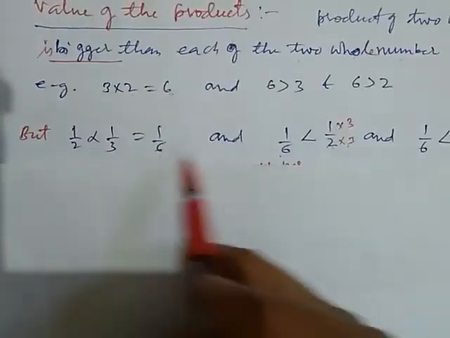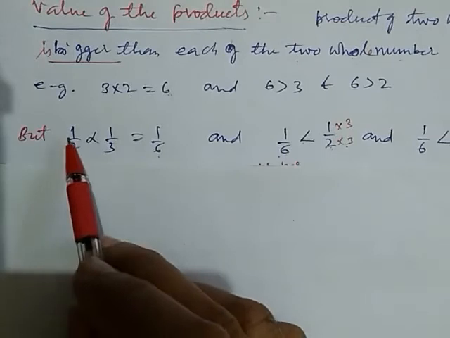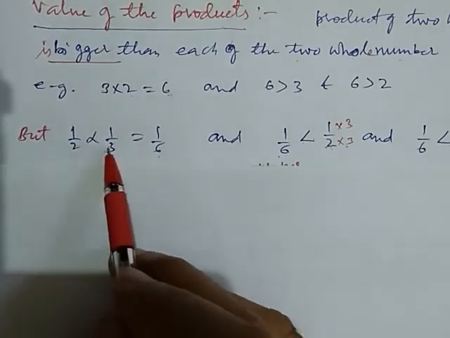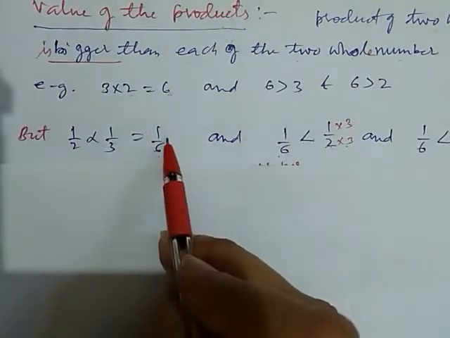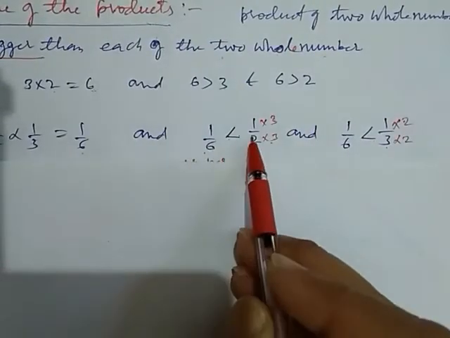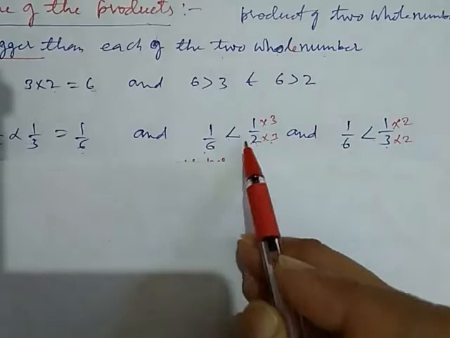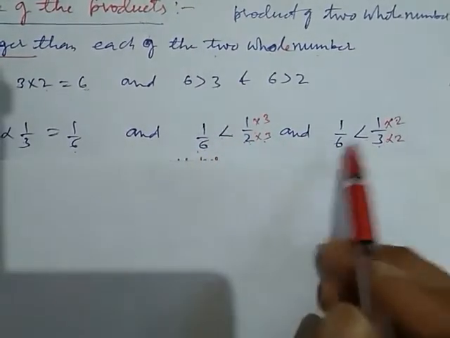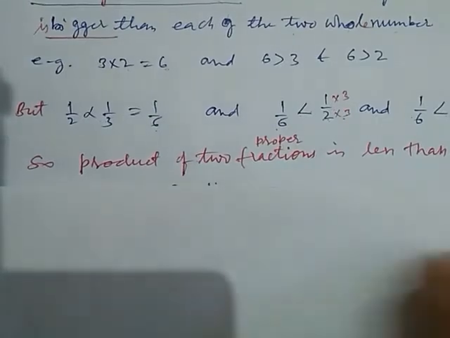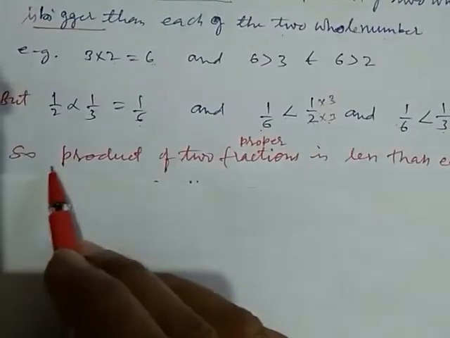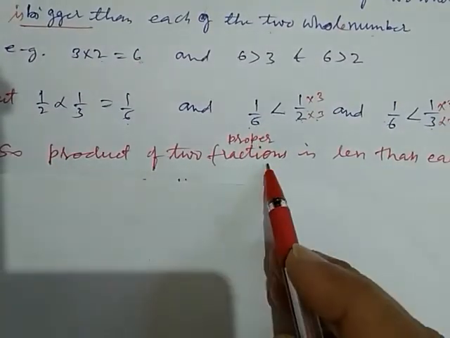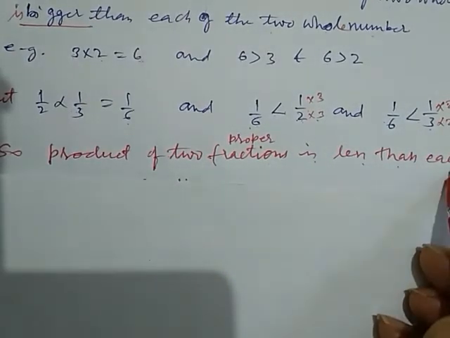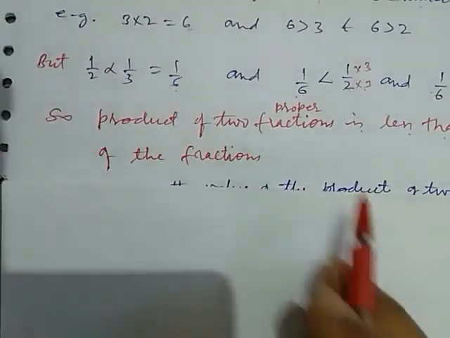So here we have seen clearly that when we multiply two proper fractions, the product is lesser than the proper fractions. Okay, so our conclusion is what? The product of two proper fractions is less than each of the fractions.